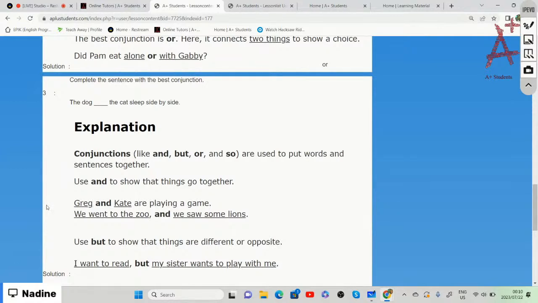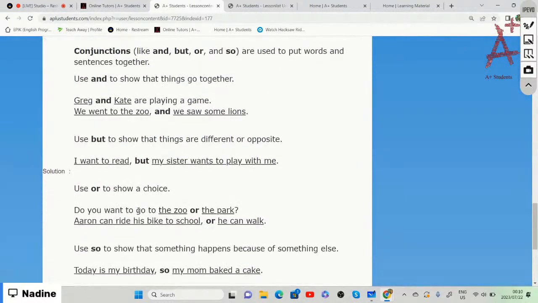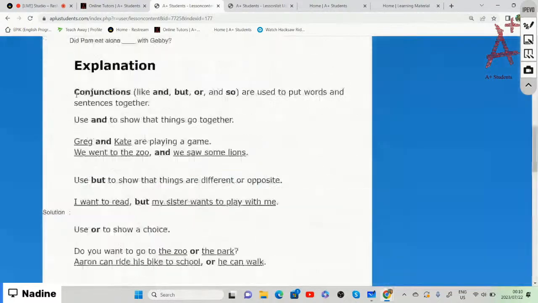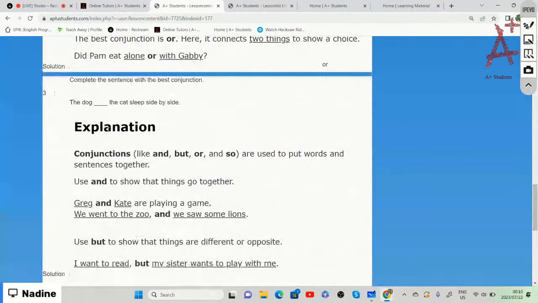So we're going to go with and. The dog and the cat sleeps side by side.